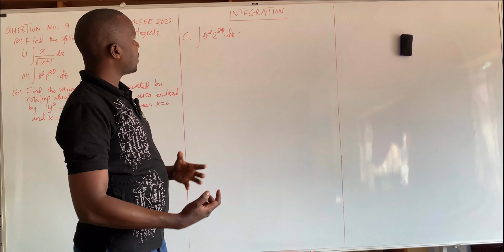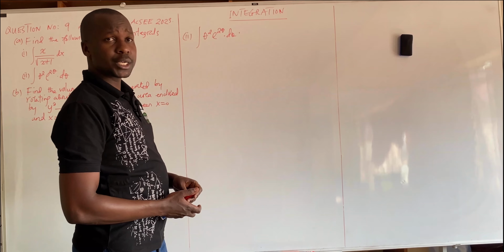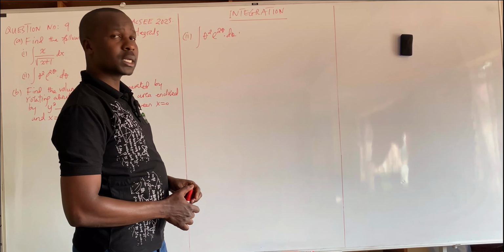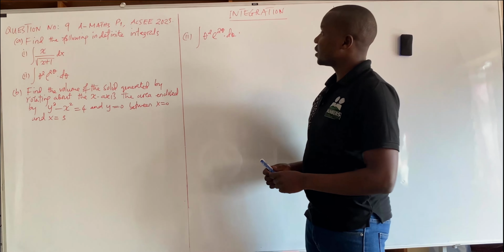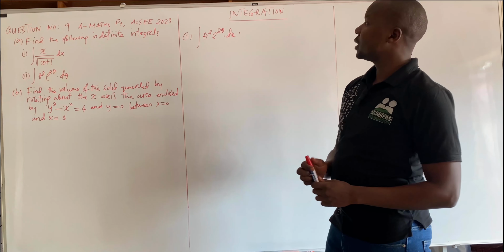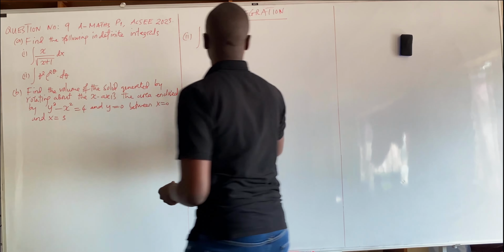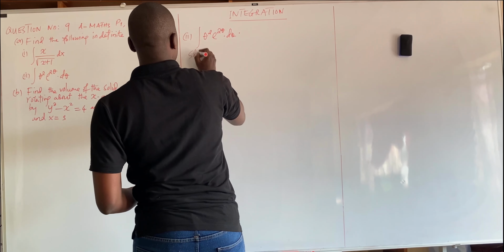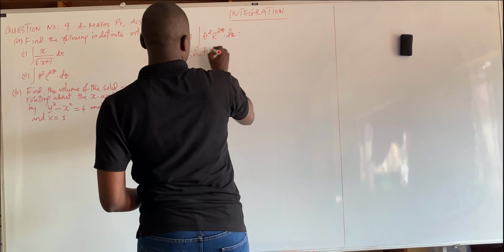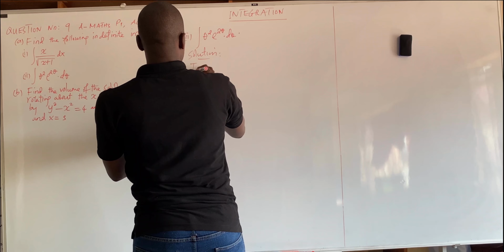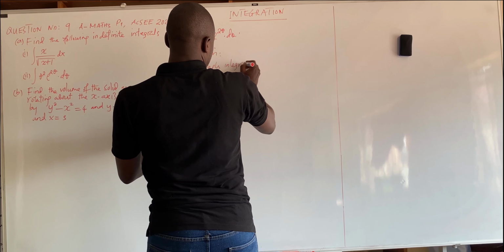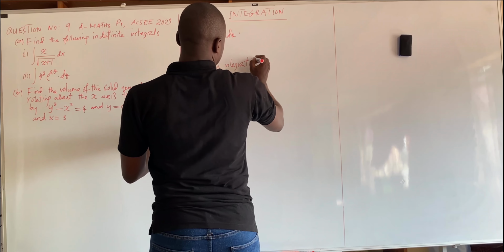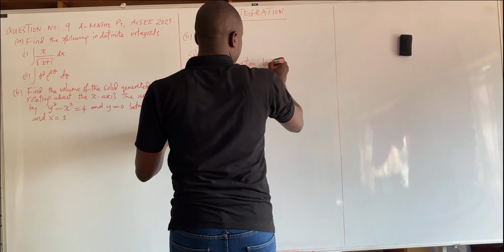When they are combined, we can apply integration by parts. That's the technique we are going to employ here, and it will be easy through integration by parts. So our solution is through integration by parts.